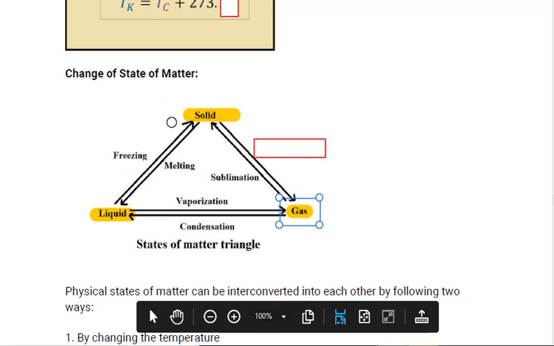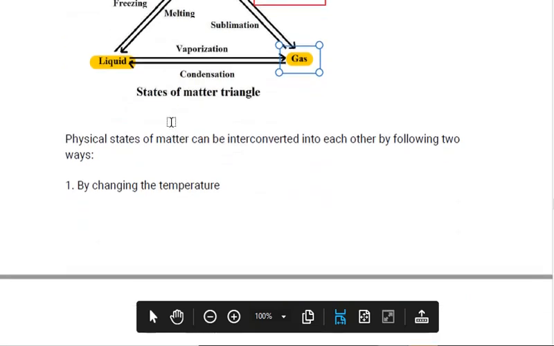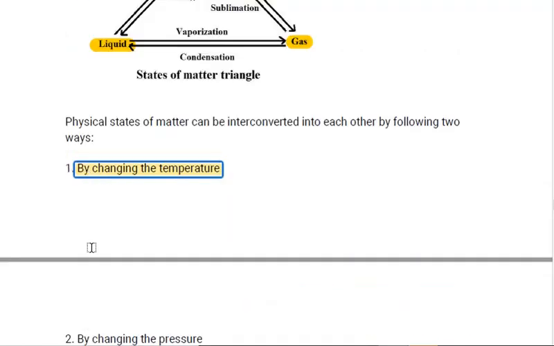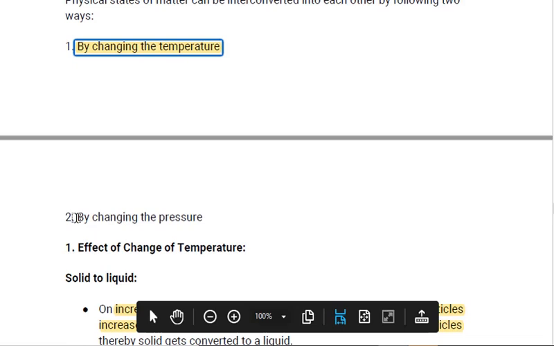After that we will discuss that just now. The physical state of matter can be interconverted in two ways: by changing the temperature and by changing the pressure.